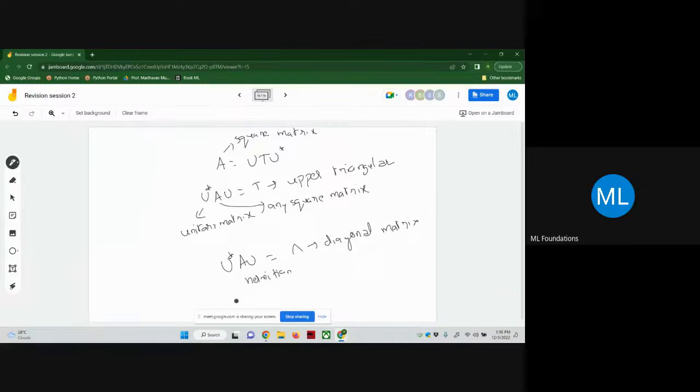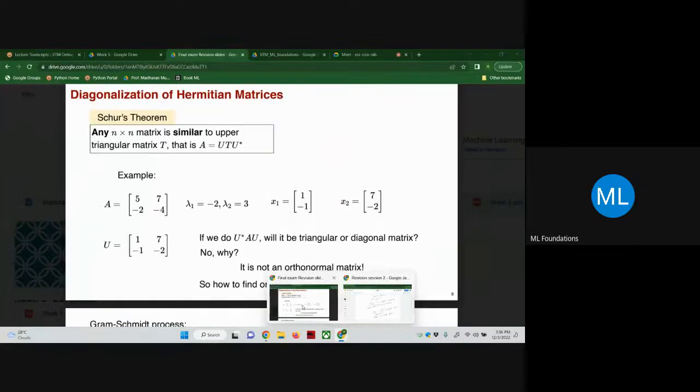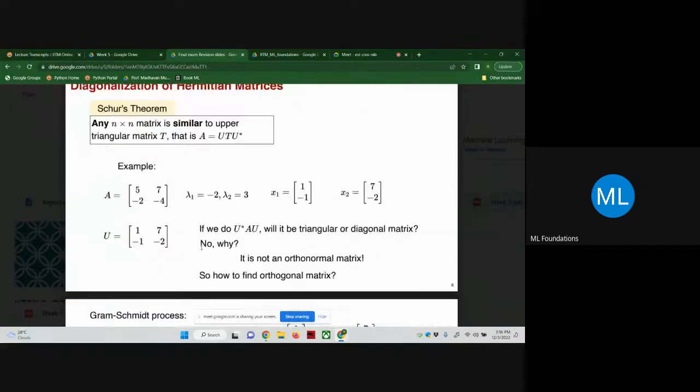Just like we have seen for the real space, Q transpose A Q equals lambda. The same thing we'll be seeing here. In the diagonal matrix you'll have the eigenvalues of A, and in U you'll have the orthonormal eigenvectors of A. So this is Schur's theorem.